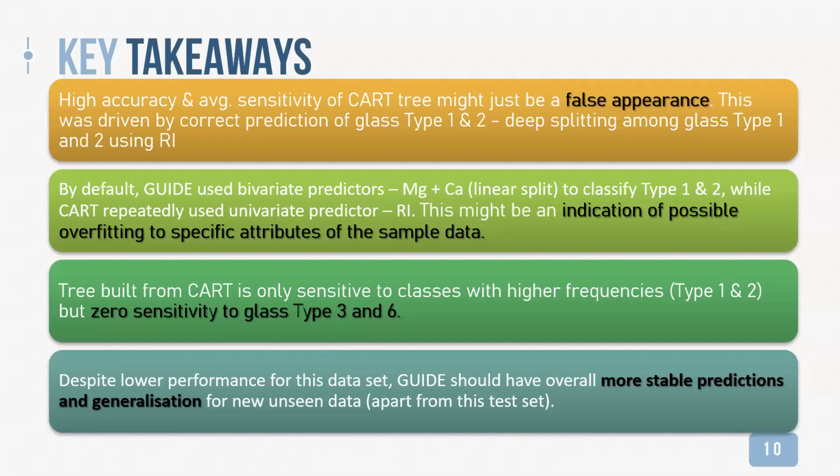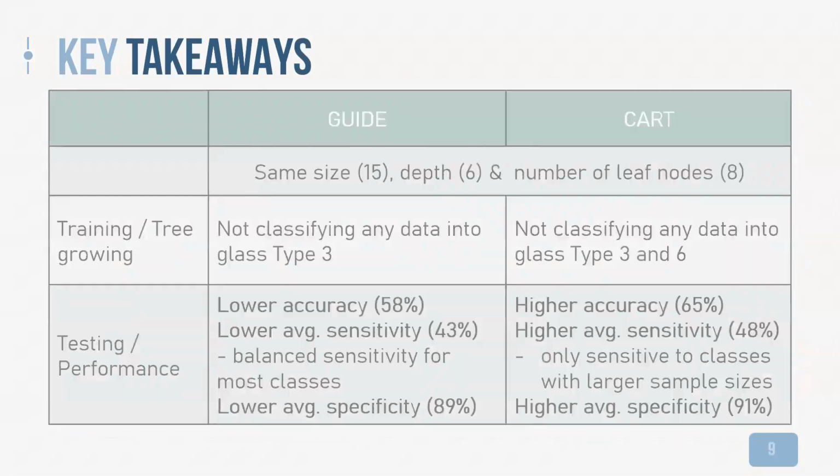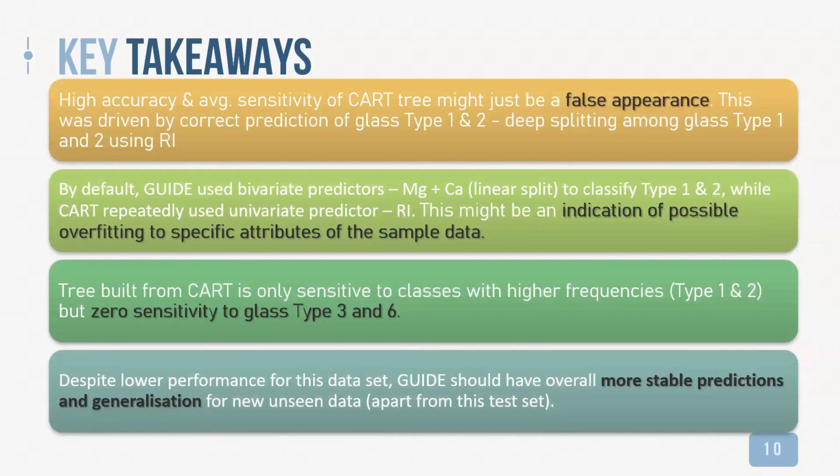Using the same variable to split multiple times is an indication that there's some kind of bias. The tree is already going in some kind of biased direction. So you pointed that out. This part is very thoughtfully done, I would say. There's a lot of thought that went into it.